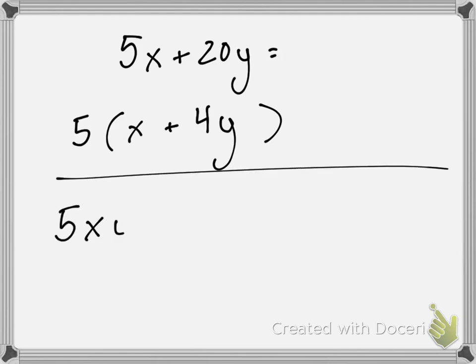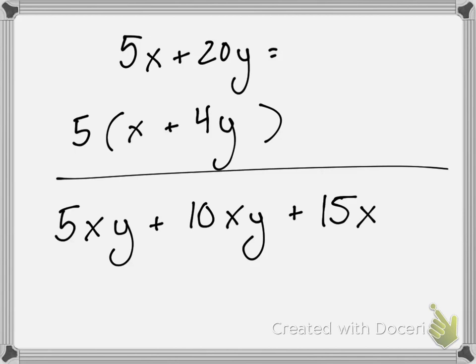What if I had one like this? 5xy plus 10xy plus 15x plus 20y. So this is a tricky one, okay? First of all, what's the greatest common factor?